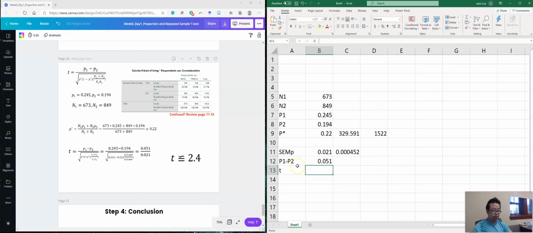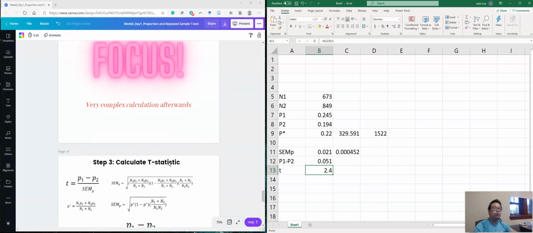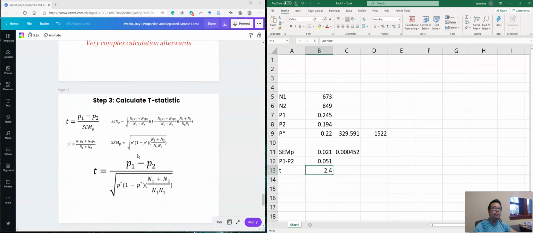The numerator is P1 minus P2, divided by the sampling error of the proportion differences. So we have 2.4 as our t statistic. Our critical value, which we already found here, is 1.965.